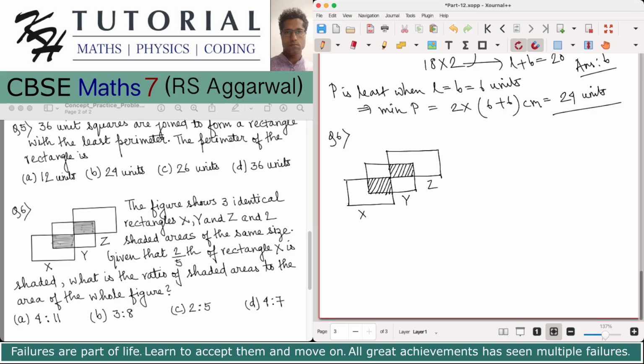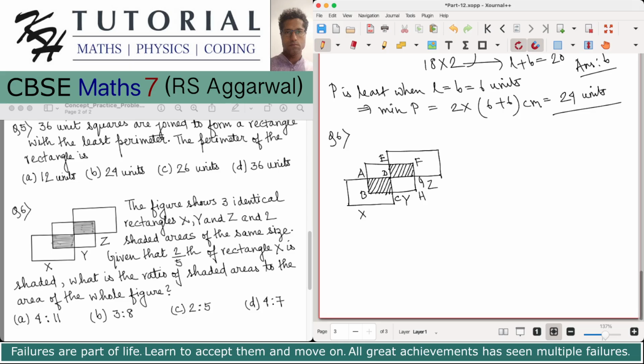Why is this so? Because of these two shaded areas, let's say this be A, B, C, let's say this be D, E, F, G, and H.